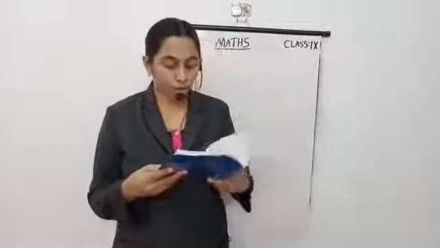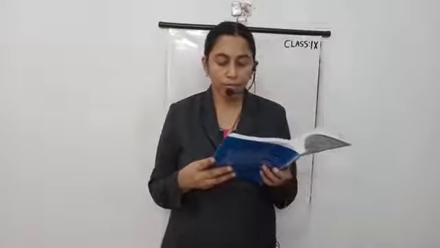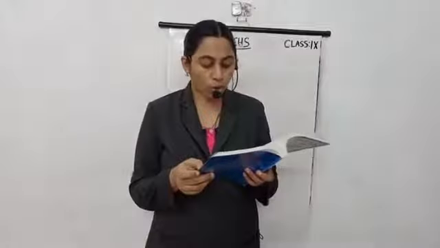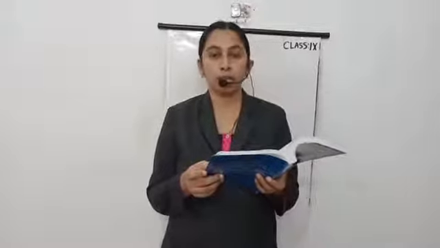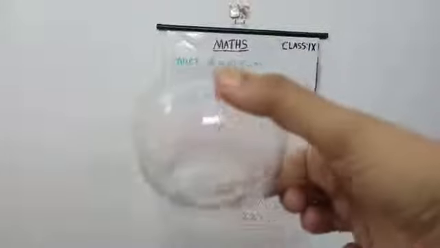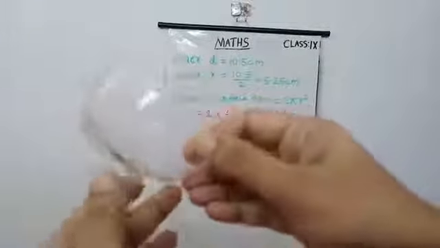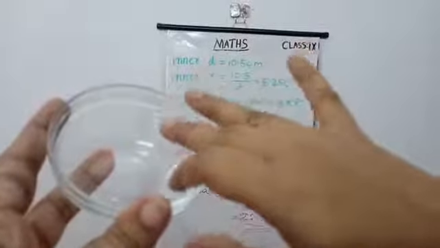Now question 5. A hemispherical bowl made of brass has inner diameter 10.5 centimeter. Find the cost of tin plating it on the inside at the rate of rupees 16 per 100 centimeter square. So this is an example of a hemispherical bowl. Now look here, this is the outer surface area of this bowl, and this is the inner surface area of this bowl.